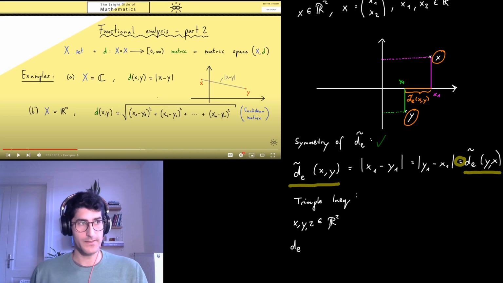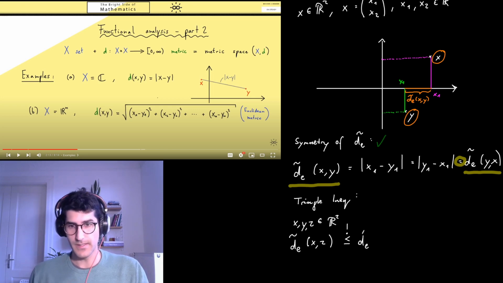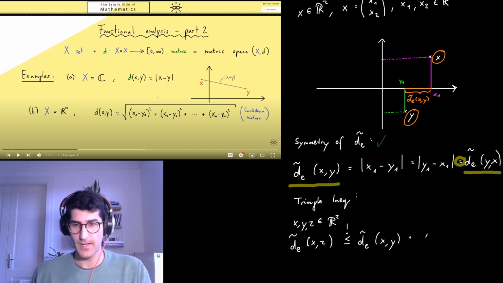What we need to show is that dE tilde of x and z is less or equal than dE tilde of x and y plus dE tilde of y and z.